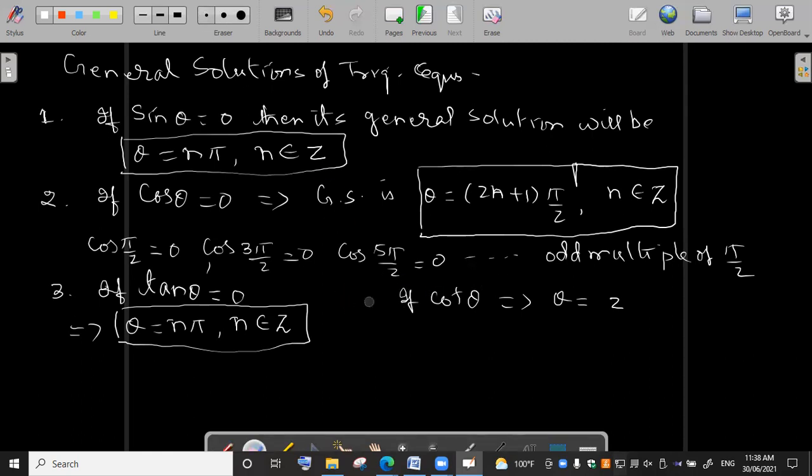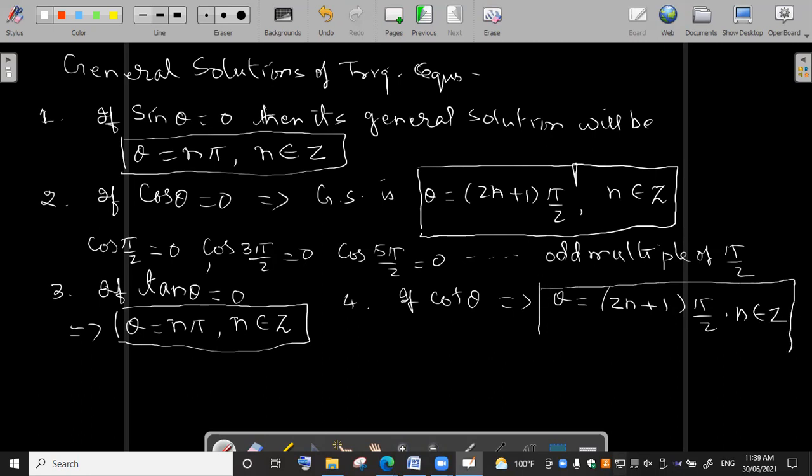This cot theta you can write separately. For cot theta equal to 0, theta will be 2n plus 1, an odd multiple of pi by 2. So theta is 2n plus 1 pi by 2, n belongs to Z.